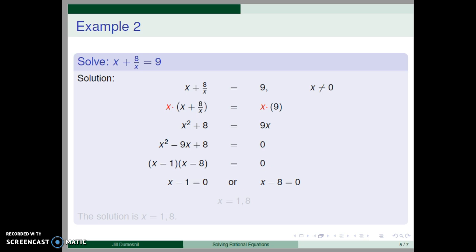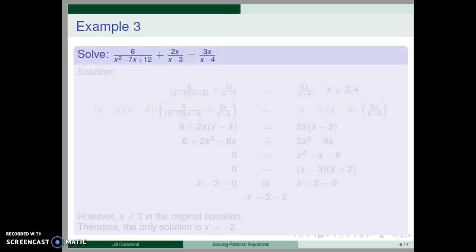Therefore, one of the factors must equal 0, giving us 2 easy linear equations to solve. We get that x equals 1 or 8. Since neither of these are restricted values for the original equation, they are both solutions.